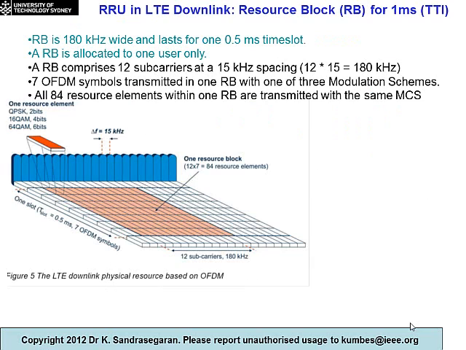When we talk about a resource block, we are basically saying it's 180 kilohertz wide, and it lasts for 0.5 of a millisecond. In that time, that 180 kilohertz is made up of 12 subcarriers and 7 OFDMA symbols if you're using the normal cyclic prefix.